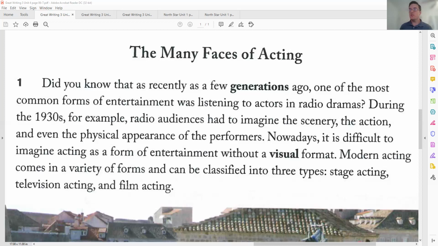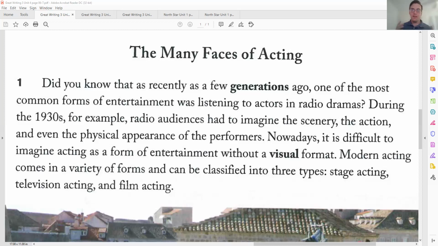During the 1930s, for example, radio audiences had to imagine the scenery, the action, and even the physical appearance of the performers. Nowadays, it is difficult to imagine acting as a form of entertainment without a visual format. So we are giving a little bit of background in general about acting.